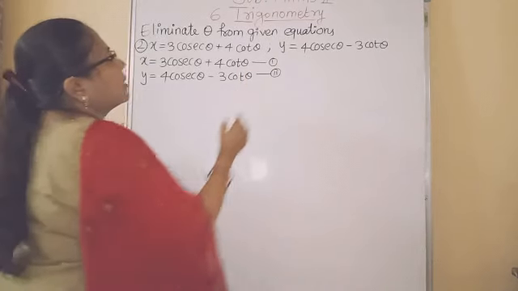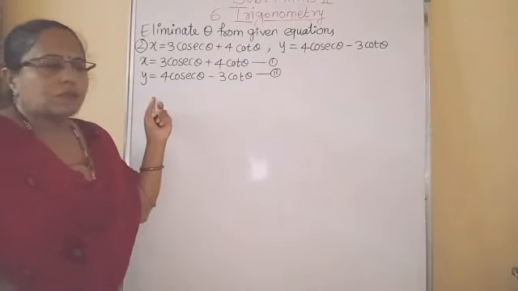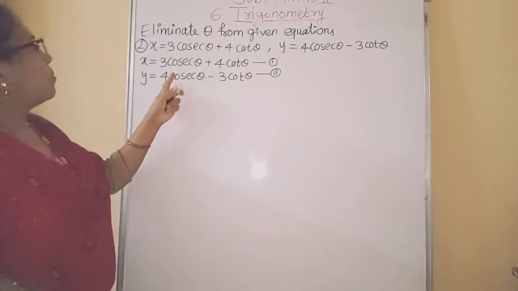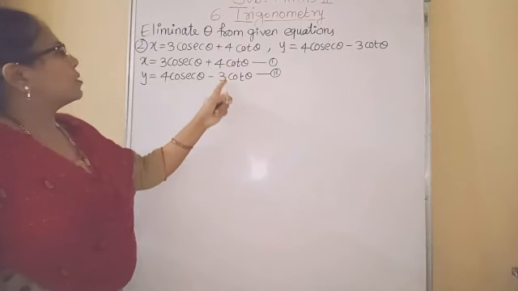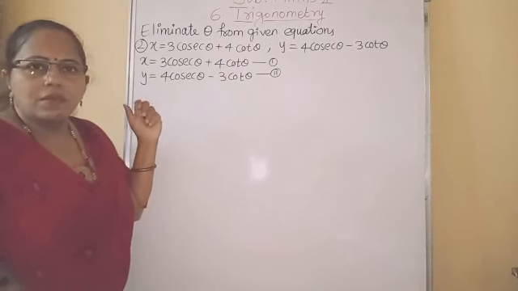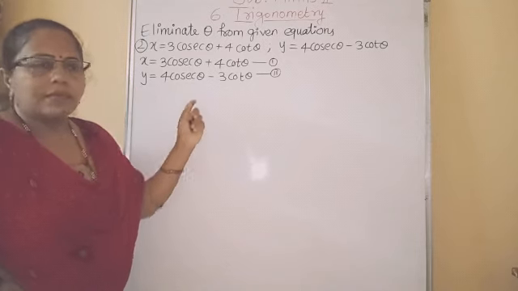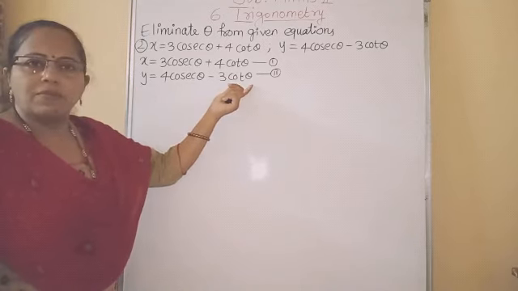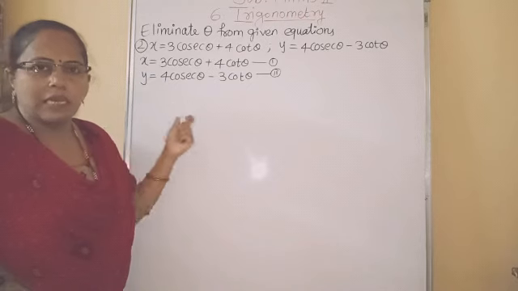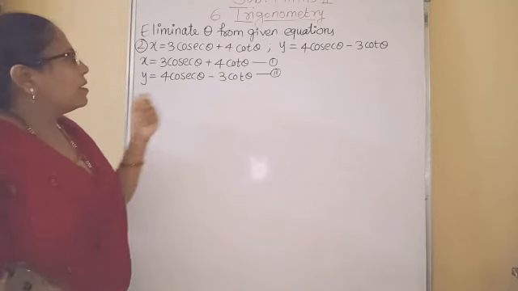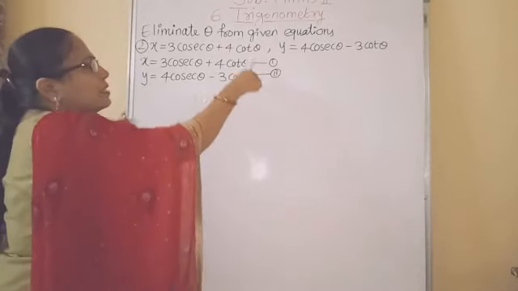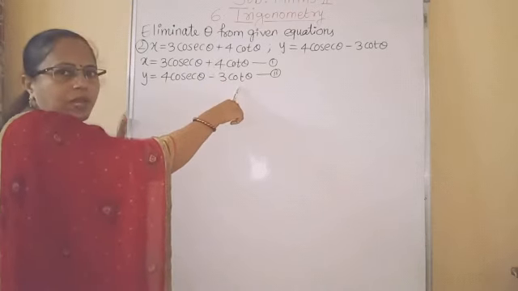This is the second equation. Now students, if you observe the coefficients of these ratios, they are not equal. So to get the values of the ratios, first we have to make the coefficients equal. Okay, for that first we will eliminate cot theta. So what do we have to do?